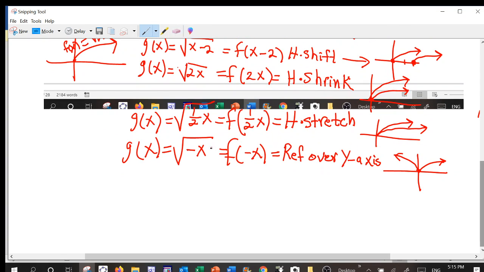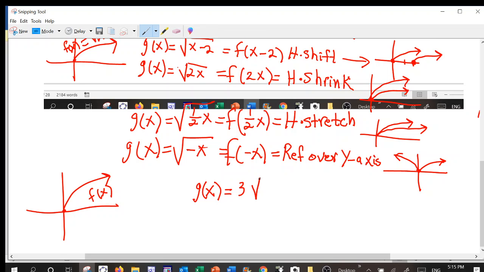So in general, it is good to think of just f of x. Let's say this is f of x, right? So when we have a function, let's say 3 square root of x minus 1 minus 4, right?